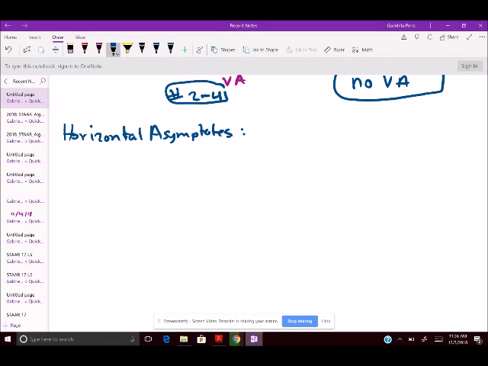This is the line y equals a number, because it's going to be a horizontal line where the graph levels off.